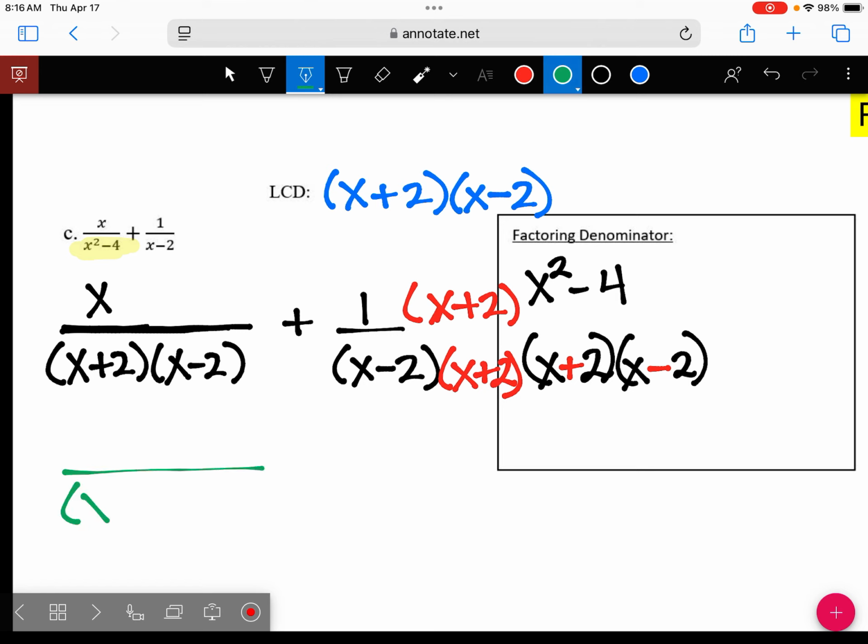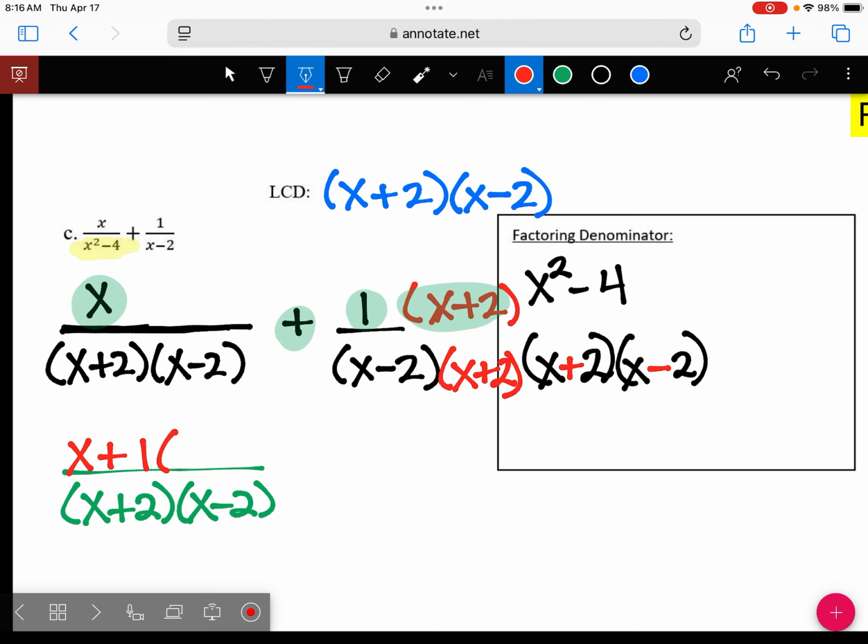We know our denominator. And now let's just go across the top and highlight everything. So x plus 1 parentheses x plus 2. That's what you're going to put on top.